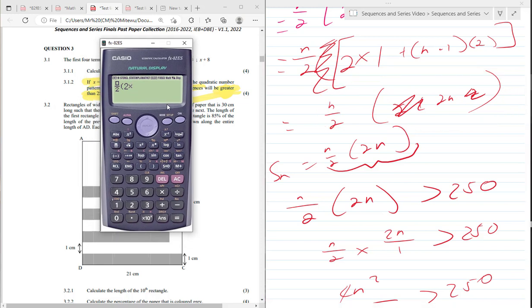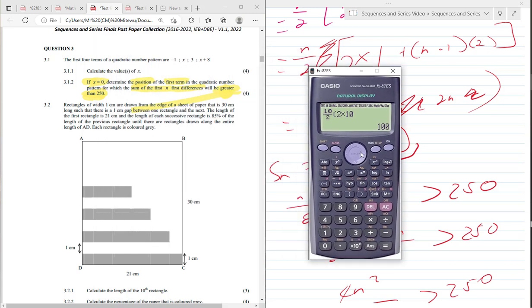So let's imagine an n value. Remember, we're supposed to be greater than, not equal, greater than 250. So let's say n was equal to 10. Let's try that. 2 times 10 gives me an answer of 100. So obviously the sum would not work in that particular case. I need it to be over 250. Let's try something like 13.